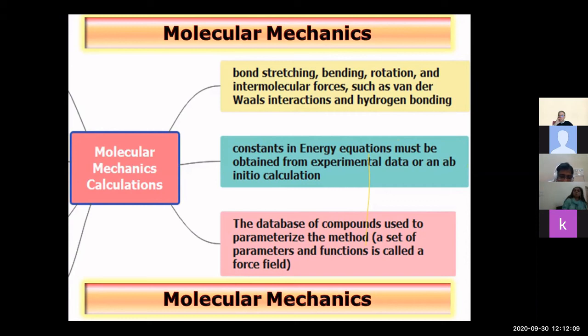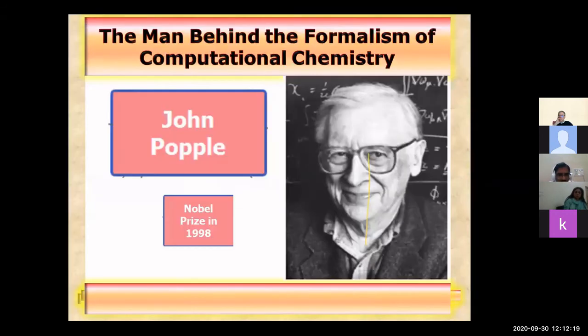Right. Having described these molecular modeling methods briefly, it is worth mentioning John Pople, a British scientist who shared a Nobel Prize, as I told you, in 1998 with Walter Kohn.